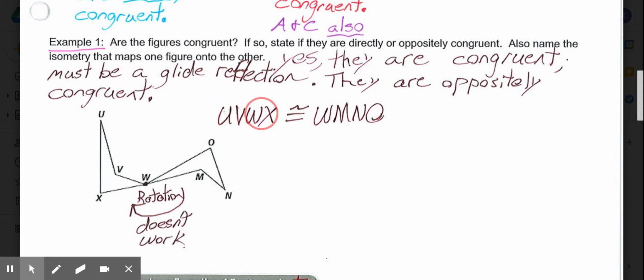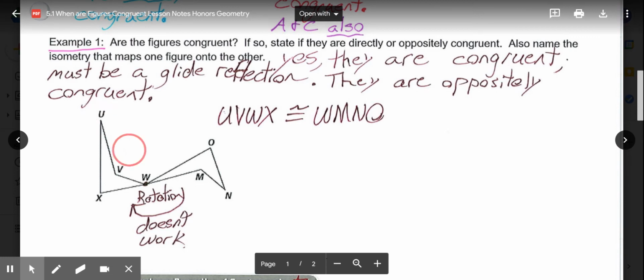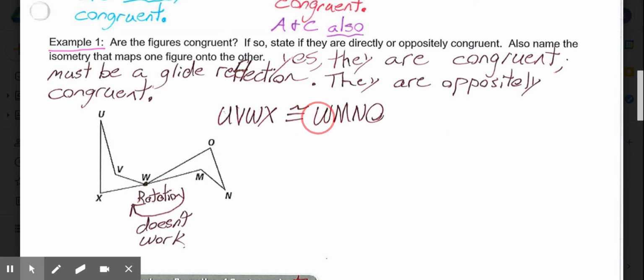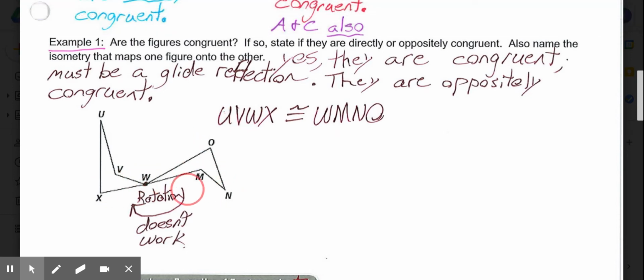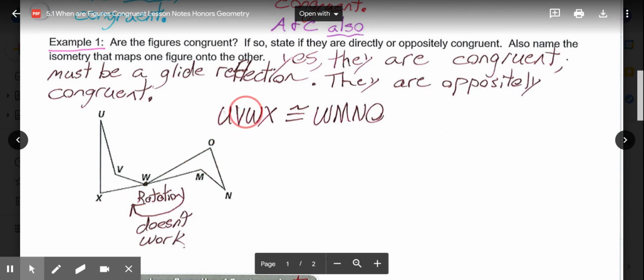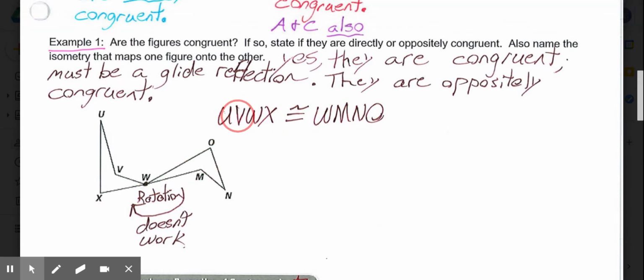So if I'm saying UVWX is congruent to, the U on this one matches with the W on this one, so I need to start with W. The V here matches with M. The W, in this case, matches with the N, and then the X with the O, so corresponding letters line up with the other one. So because I went UVWX, I needed to go WMNO.